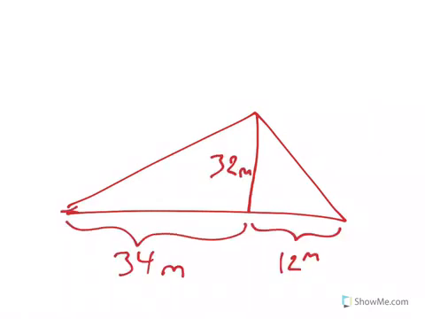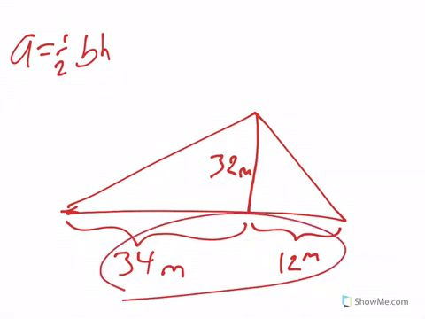So let's look at this here. Okay, let's say this is our next acute triangle. So we know area equals 1/2 base times height. We can combine both halves, or not quite a half, I guess, but both parts of that triangle to give our new base. So 34 plus 12 is going to be 46.